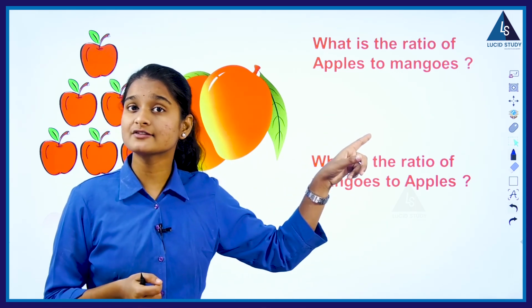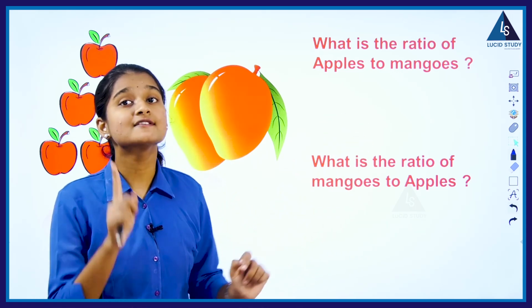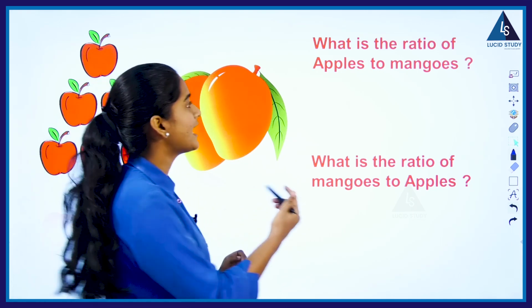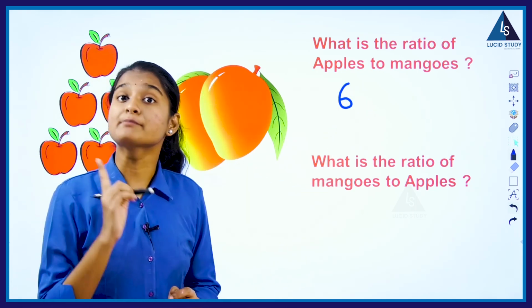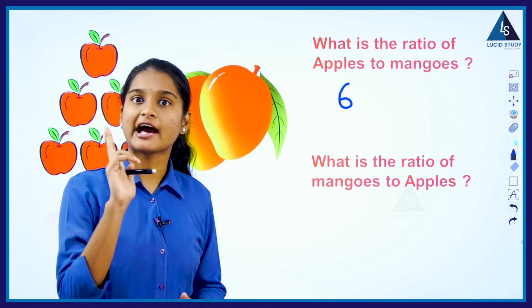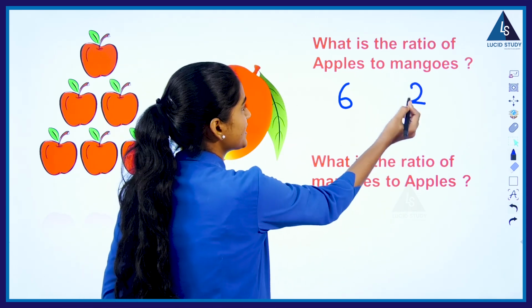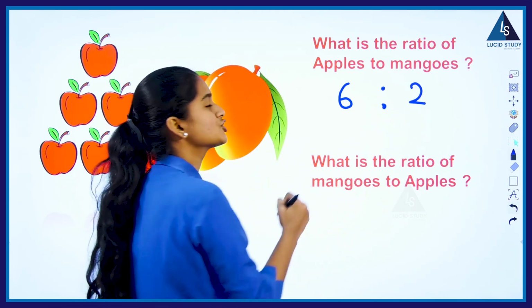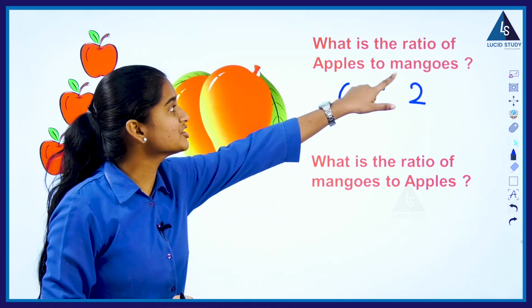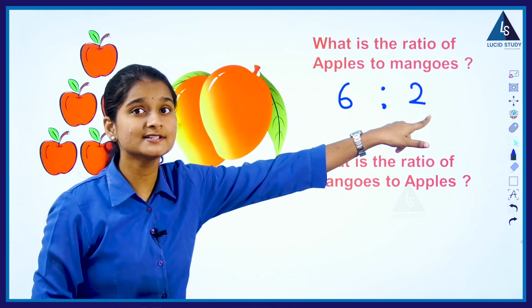How many apples do we have? We have 6 apples. Let us write it. And how many mangoes do we have? We have 2 mangoes. Let us write it. So in between we put a ratio symbol. What is the ratio of apples to mangoes?